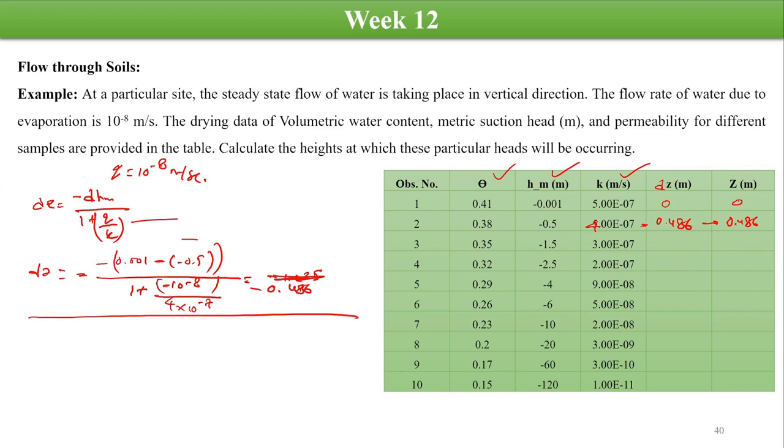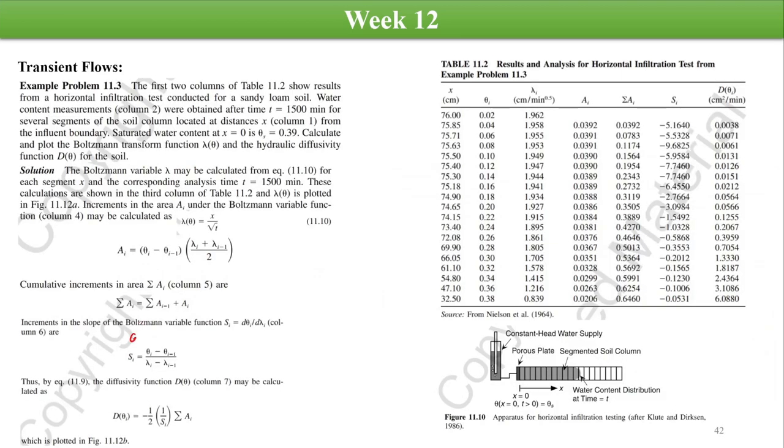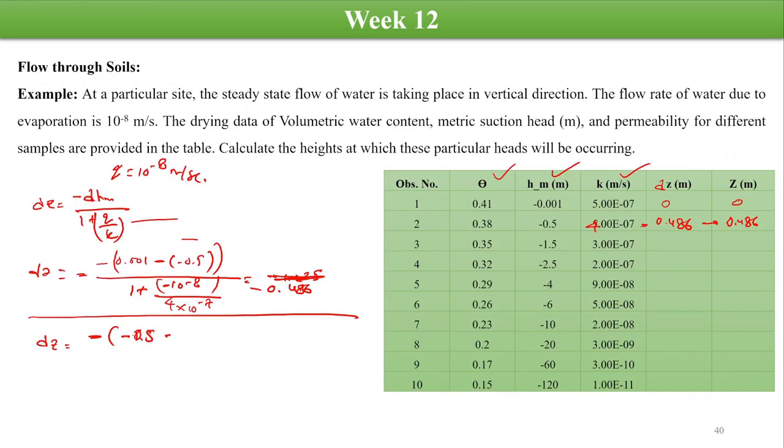Let's do it for one more step. So how do you do it? The dz for the second step will have a minus sign, and it will be minus 1.5 minus 0.5 minus minus 1.5, that is h1 minus h2, divided by 1 plus 10 to the power minus 8, and the value is given as 3 into 10 to the power minus 7.